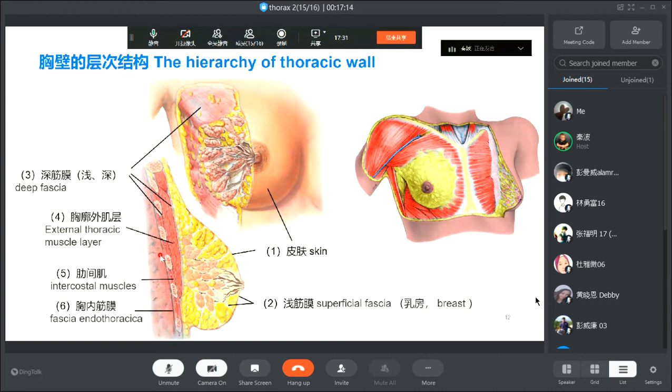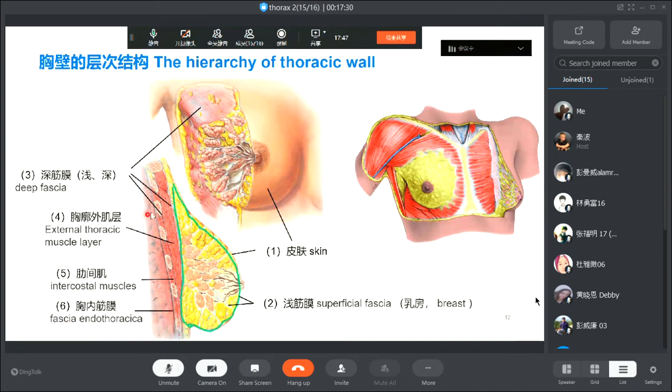In the thorax, this muscle is divided into two layers.